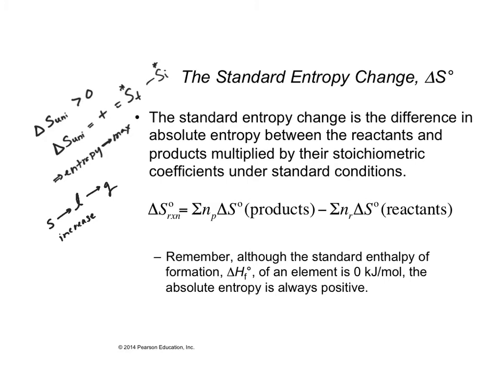What were a couple other trends that we saw with respect to entropy increasing? Another trend we looked at was molar mass, right? So what happens to the entropy of something if you increase the overall molar mass of it? We're also going to see an increase in entropy, right? So if we increase the molar mass, we're also going to see a corresponding increase in entropy. What about molecular complexity?